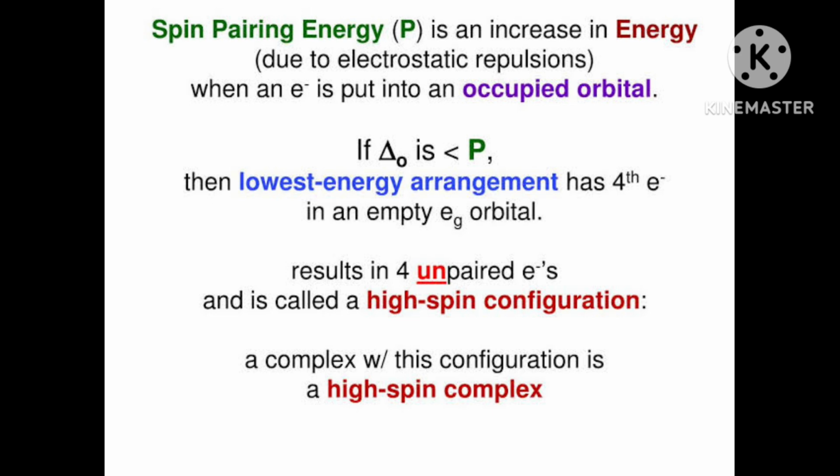This value is not very large. The orbital splitting energies are not sufficiently large for forcing pairing, and therefore low spin configurations are rarely observed.